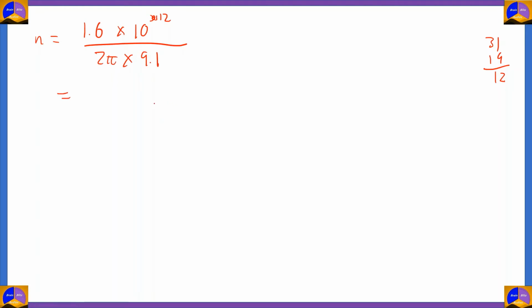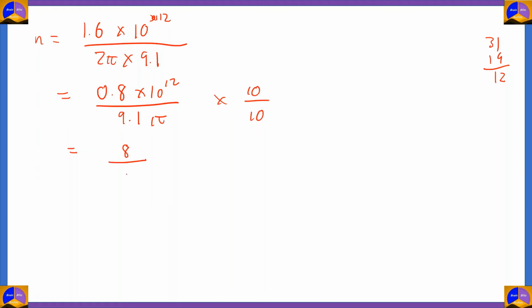So we know that 8 times 2 is 16. So 0.8 times 2 will be equal to 1.6. So we can cancel 2 from the denominator. So we'll get 0.8 into 10 raised to 12 divided by 9.1 pi. Let's multiply 10 on both the numerator and the denominator so that there is no change.